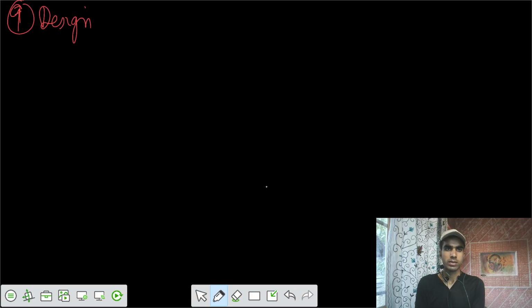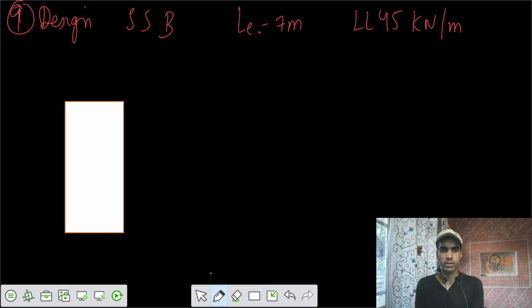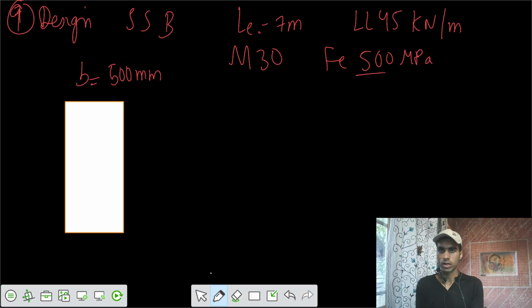Design a simply supported beam of effective length equal to 7 meters, supporting a live load of 45 kilonewton per meter, and the width of the cross section is fixed. So B is fixed, it is given to you. B is equal to 500 millimeters, and we are using M30 and Fe 500 megapascals. Okay. Now we have to design.